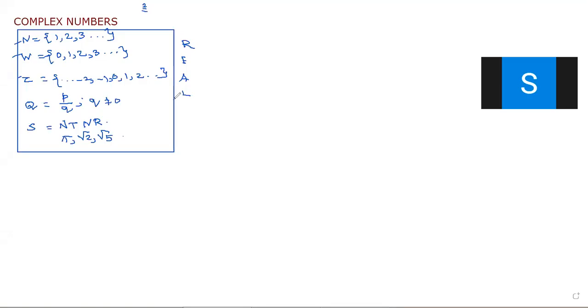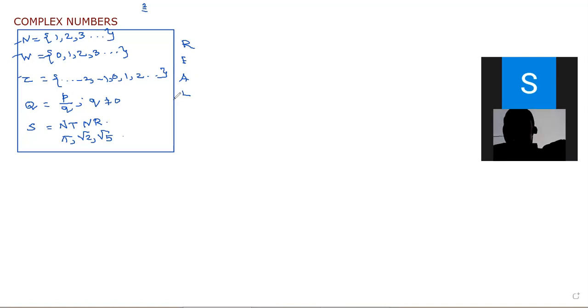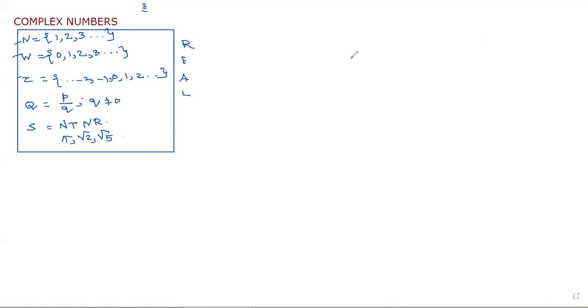Real numbers are natural numbers, whole numbers, integers, and rational numbers put together, and the other one is irrational numbers. So rational numbers and irrational numbers put together give you real numbers.